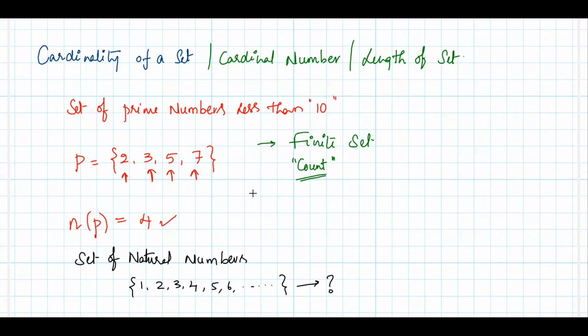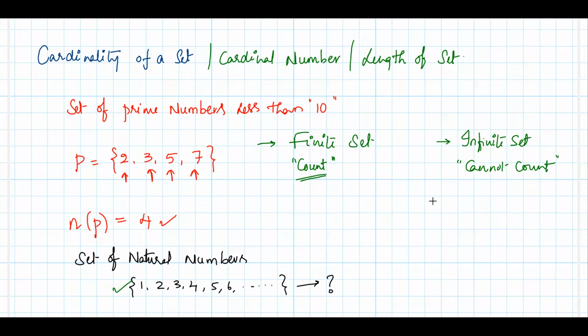In the same way, can we count the cardinality of the set of natural numbers? We cannot, because there are infinitely many elements. So we call this particular set an infinite set. Here we cannot count the number of elements present in the set, so we cannot tell the cardinality.